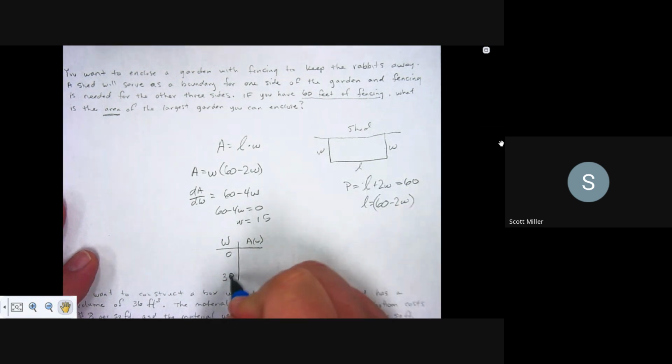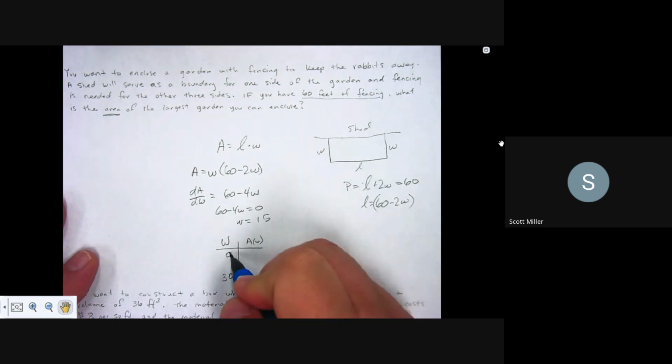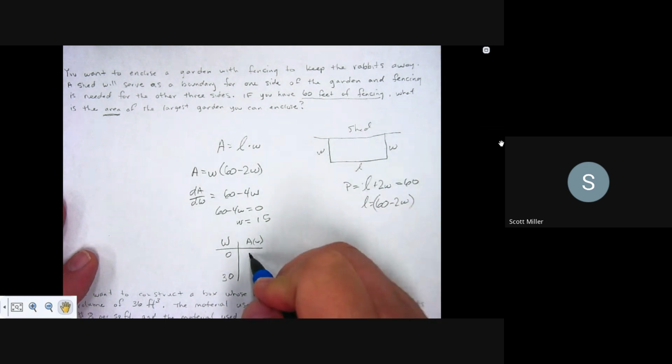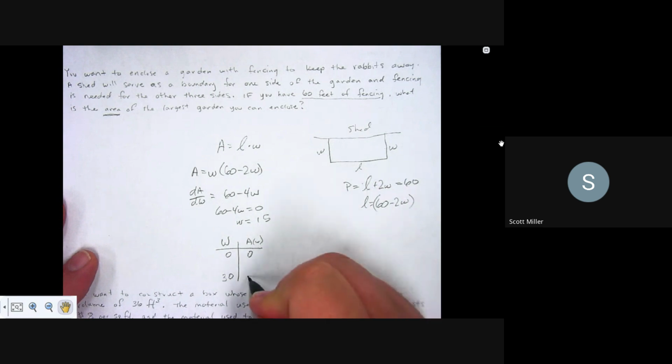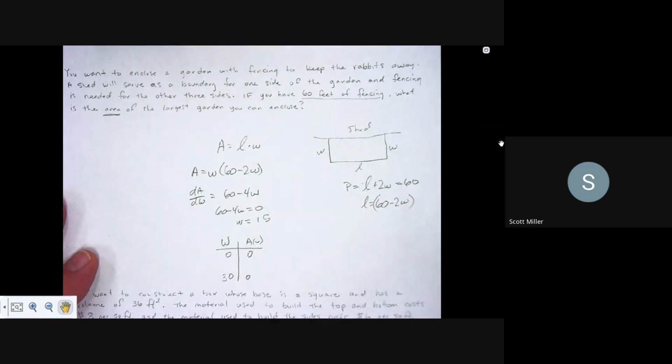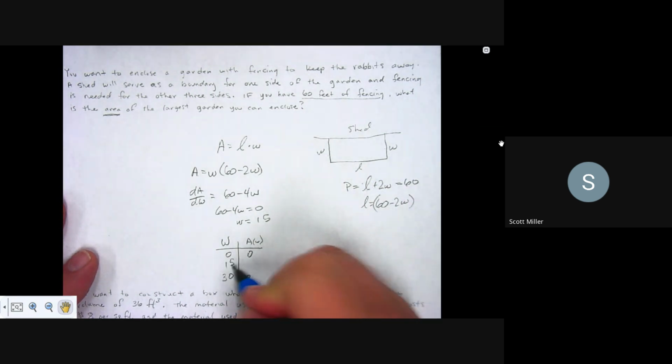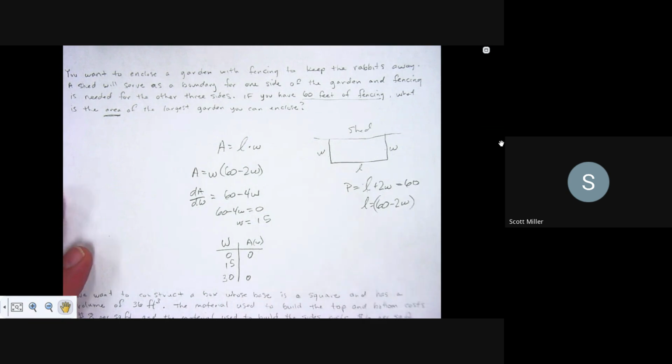The area, if W is 0, is 0. And the area, when W is 30, is also 0. And so 15 is really the only point that is going to serve any purpose.